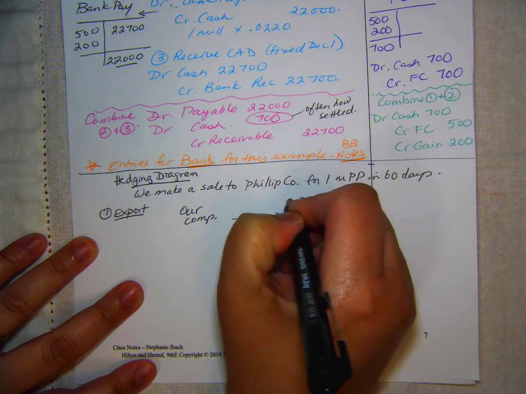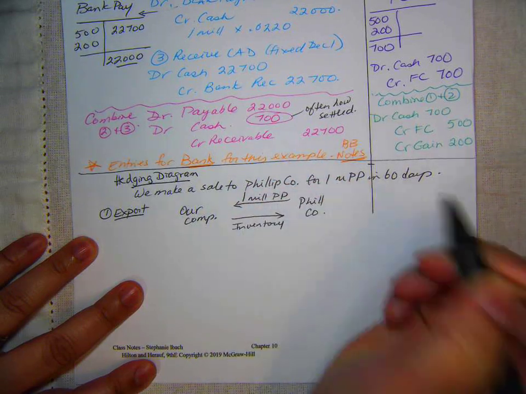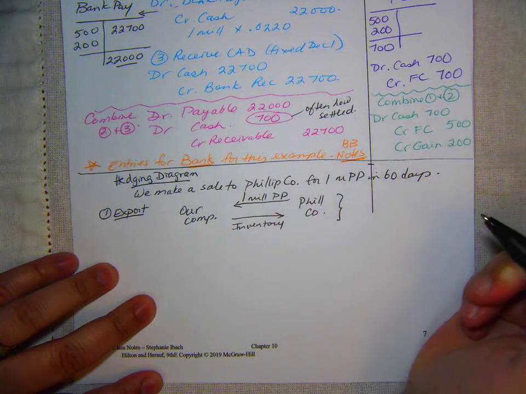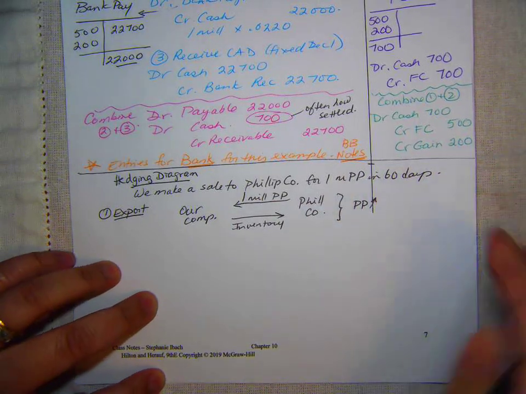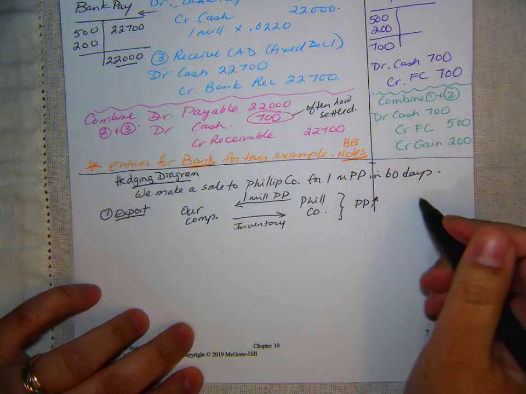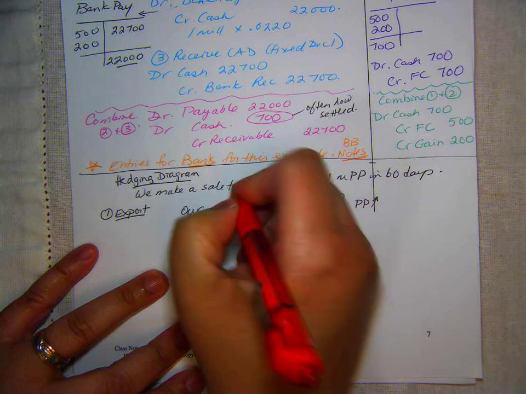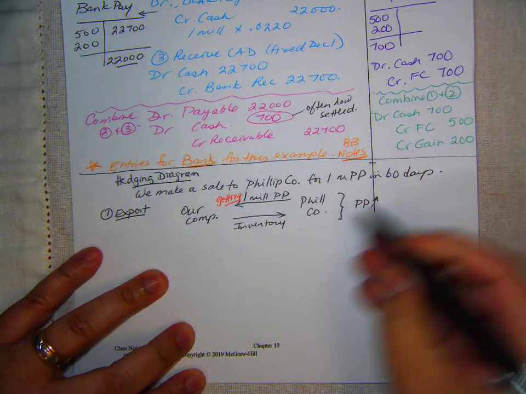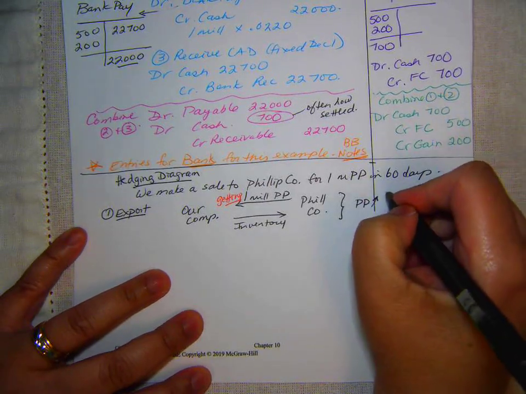So just thinking about that, if the Filipino peso goes up, the exchange rate between that and our dollar, the Canadian dollar, goes up, we are getting Filipino pesos. So if it goes up, is that good or bad for us? We're getting them. So it's good. It's going to be a gain.